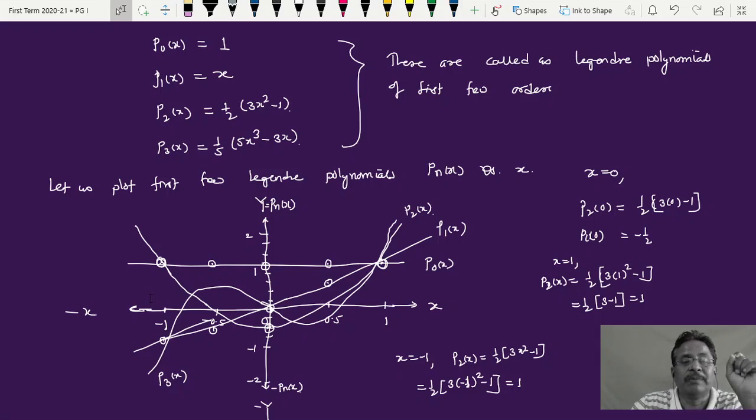Then P2x, if it is calculated, is as shown by the curve here. This is my P2x, which takes positive and negative values for different values of x, and that is how it is shown to be a curve like a parabola. And the P3x, if it is plotted, is found to have negative extent as well as positive extent. But one very interesting point one can see in this graph.